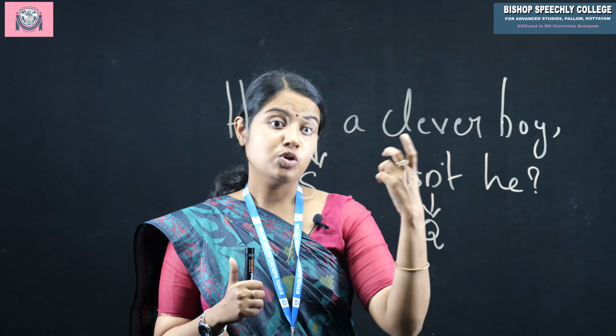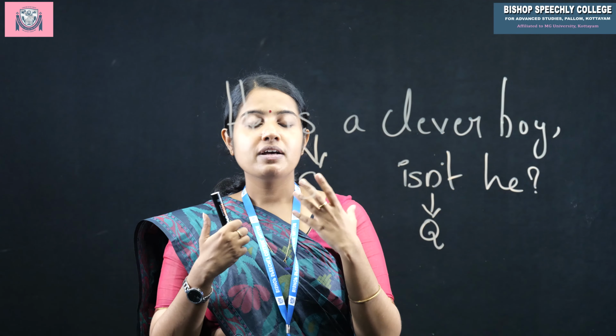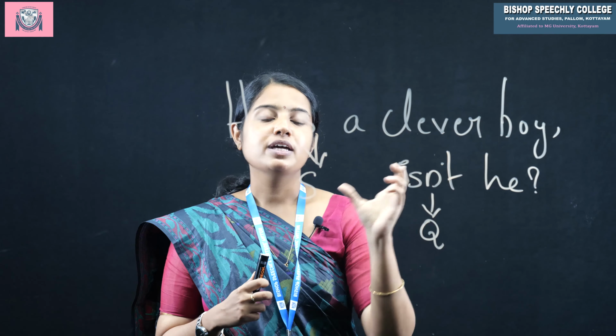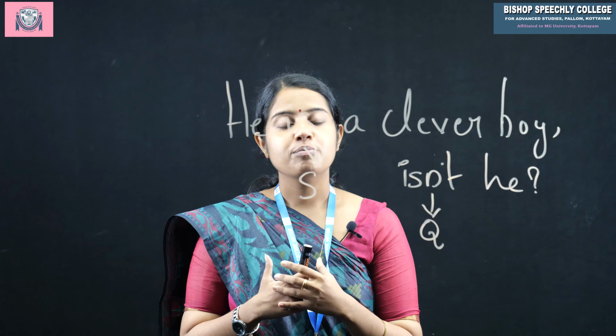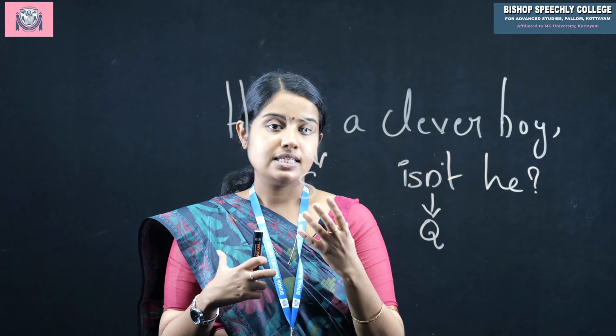And if she replies no, then it means that my statement is not correct. So whenever we are making assumptions, whenever we are making a guess, we can make use of question tags. Okay, and in that case, we'll get the confirmation from our listener on whether what we are saying is right or wrong. So that is basically the use of question tags in the English language.